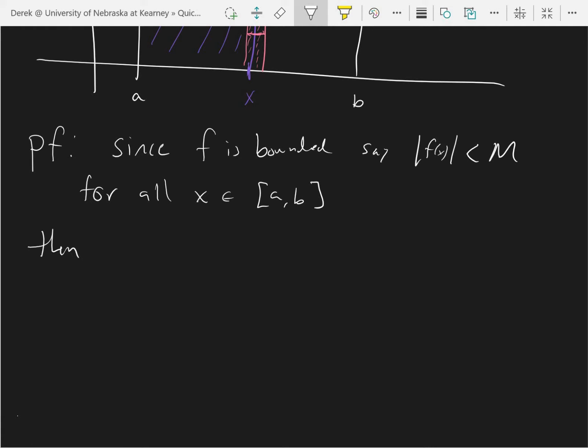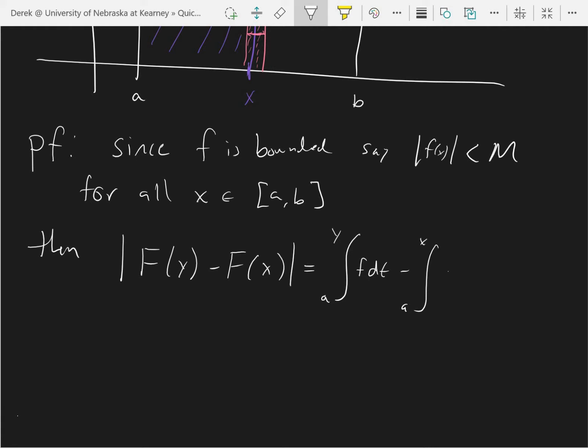Then the magnitude of capital F of y minus capital F of x in absolute value is equal to the integral from a to y of f dt minus the integral from a to x of f dt, which by 6.12 we can rearrange to be the integral from x to y of f dt, which is at most M times y minus x.